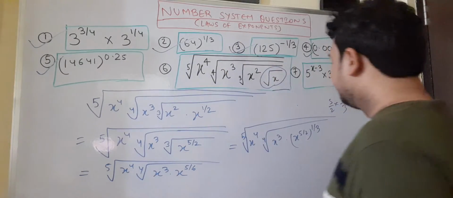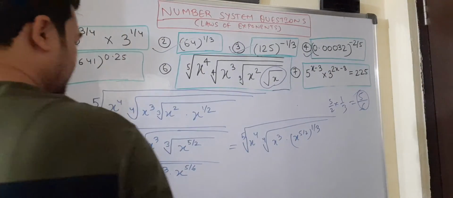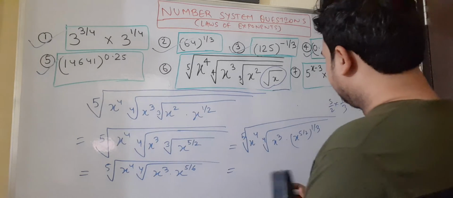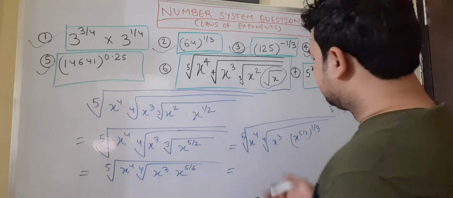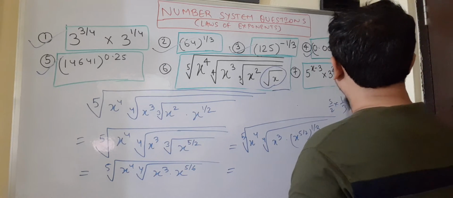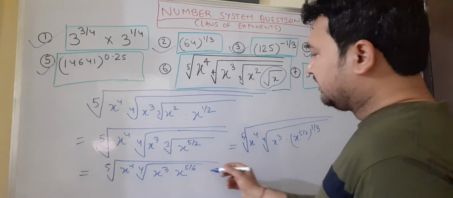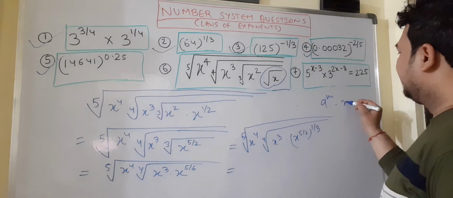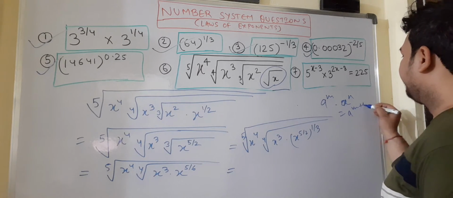Hope there is no problem till now, and there won't be any problem also, because you are wise enough to see what is going on inside this. So now we have a to the power m, and again a to the power n. It will be a to the power m plus n.